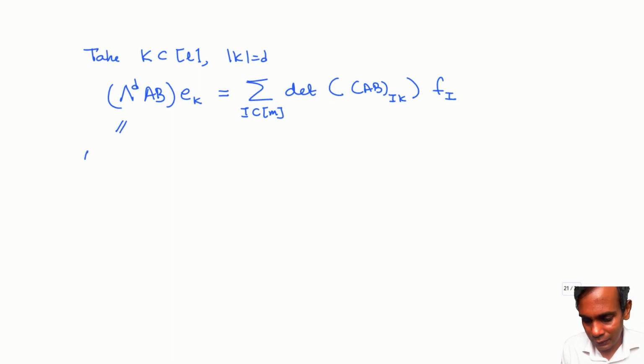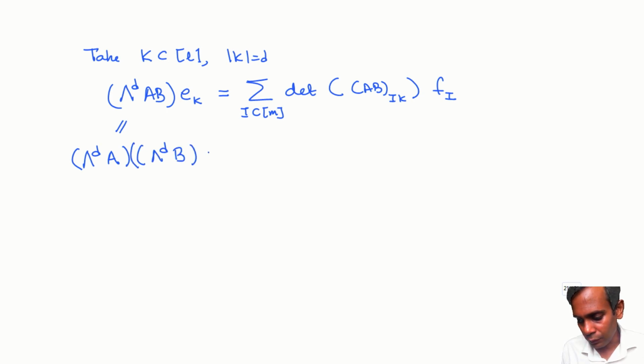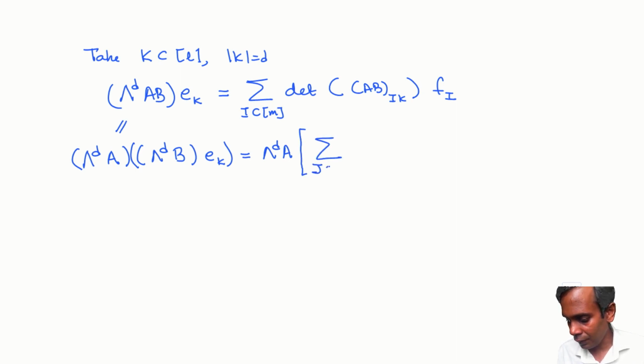So on the other hand, this is wedge^d A applied to wedge^d B applied to e_K. But this is just wedge^d A applied to the summation over J subset of n of the determinant of B_{JK}, the minor of B corresponding to rows J and columns K, times e_J, just by what we did earlier.